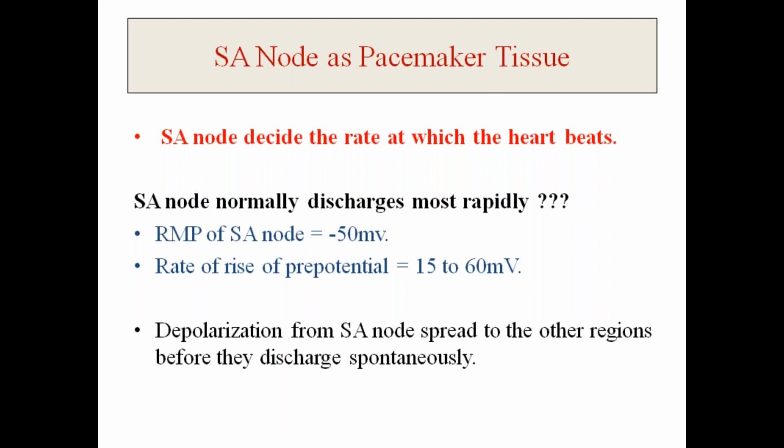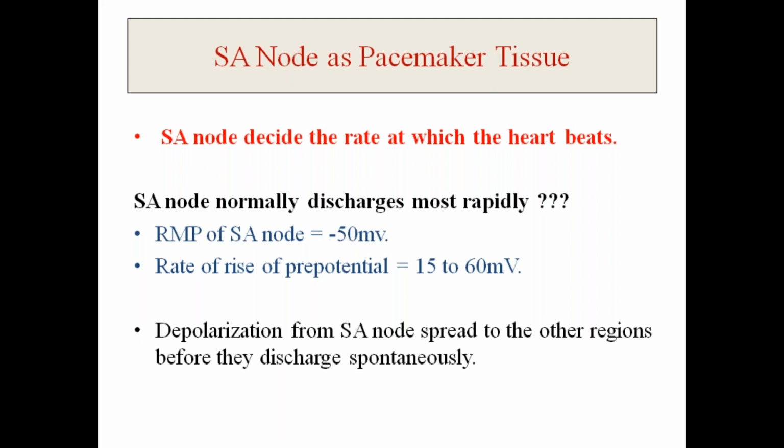Second, the rate of rise of the pacemaker potential is more rapid in the SA node. It is something like 50 to 60 millivolts per minute. So because of this less negative resting membrane potential and more rapid rise of the pacemaker potential, the pacemaker tissues of the SA node are able to generate impulses more rapidly as compared to pacemaker tissues present in other locations, for example in the AV node or the Purkinje fibers.